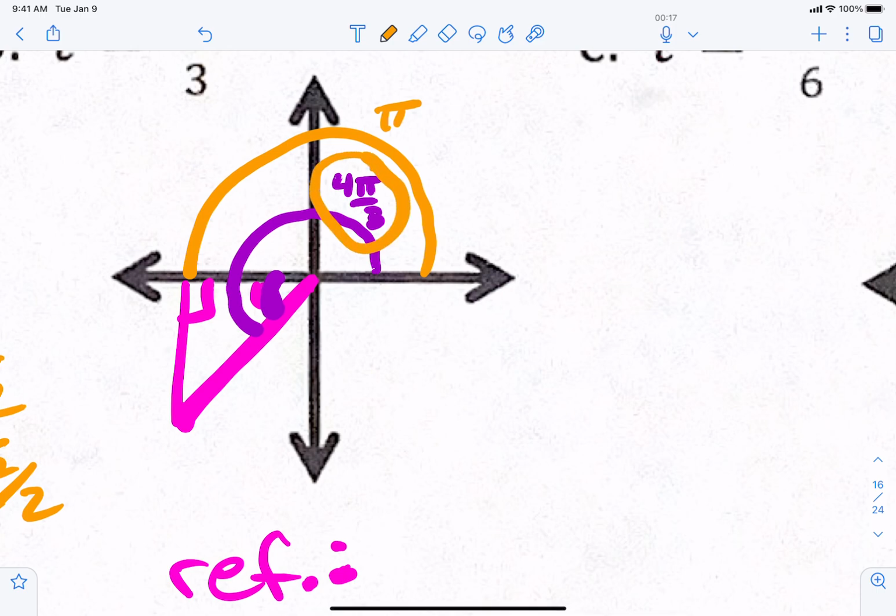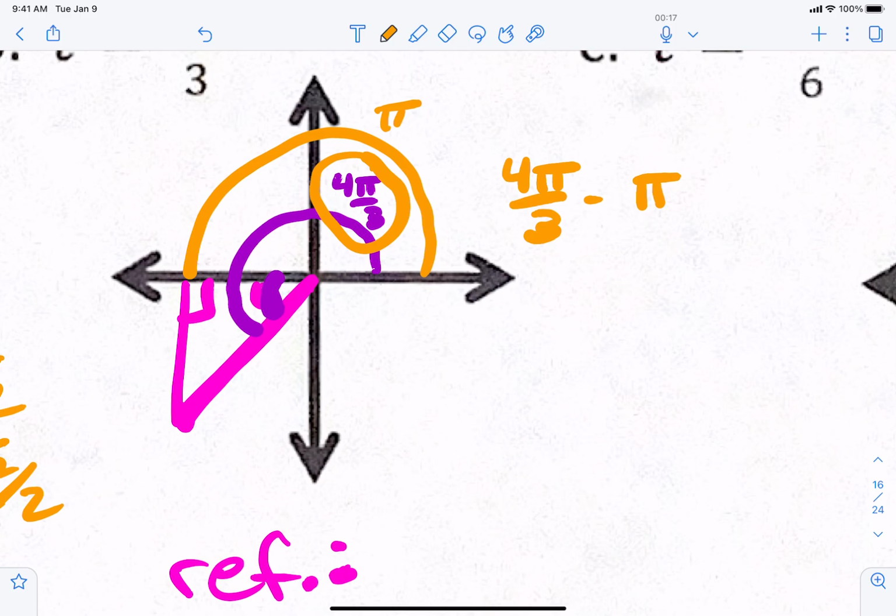Let me show you if you're confused. 4 pi over 3 is from here all the way around. I know that from here to here is just pi, and I want to subtract those two to find this distance right here. 4 pi over 3 is the whole thing. Pi is just that top part. So I take 4 pi over 3, and I subtract pi.